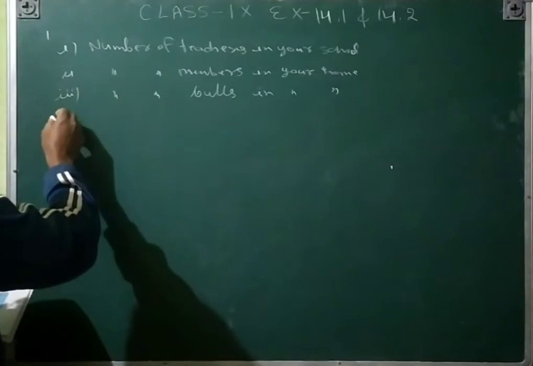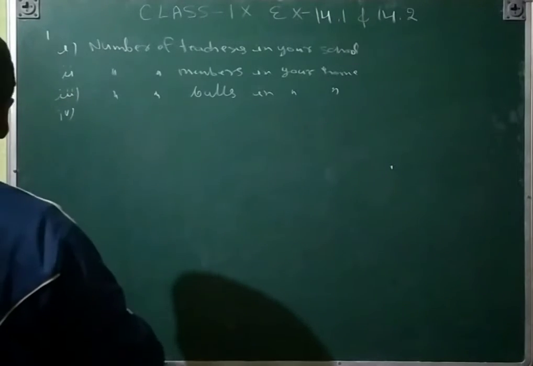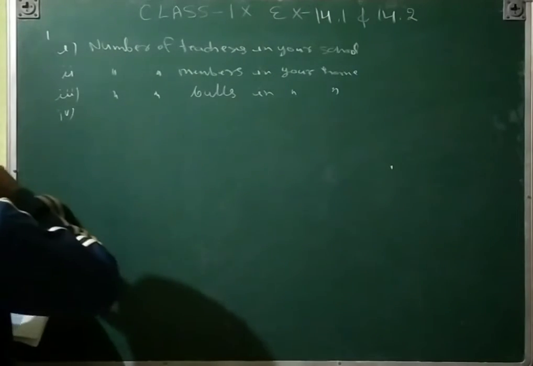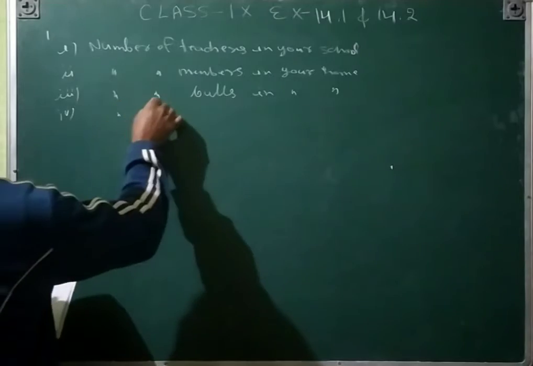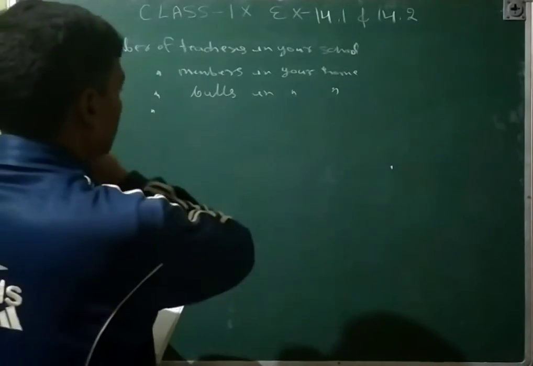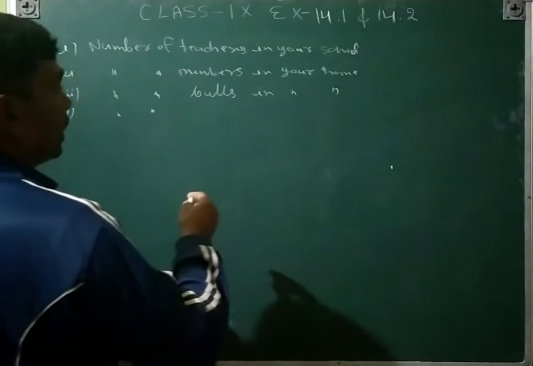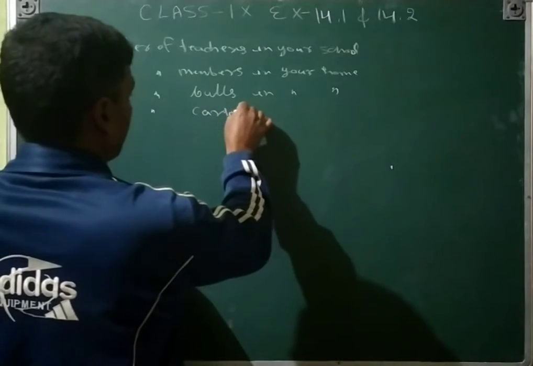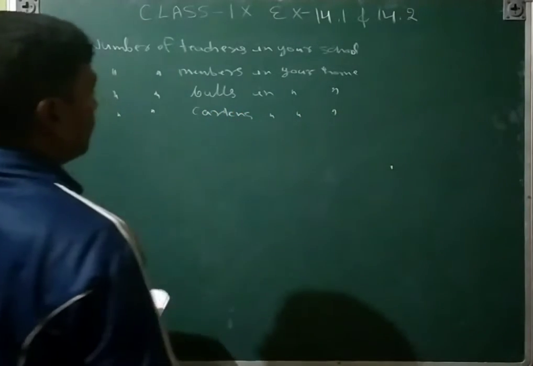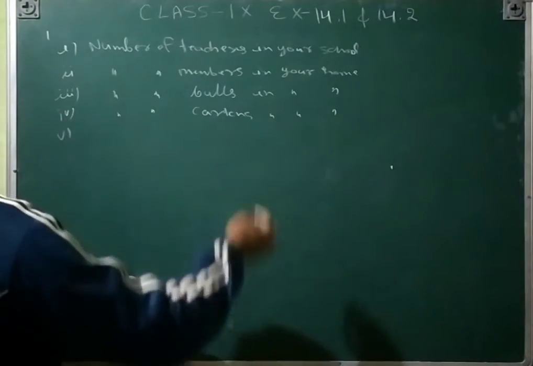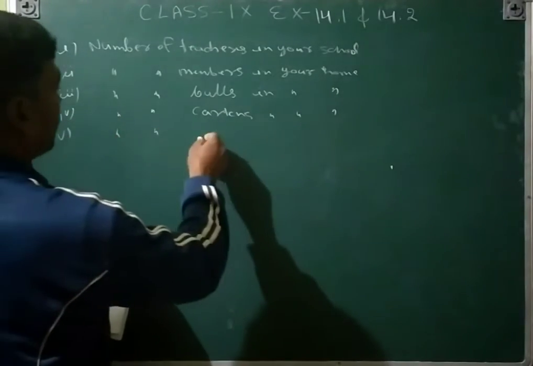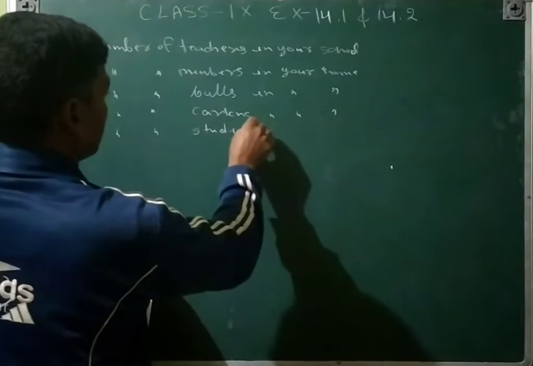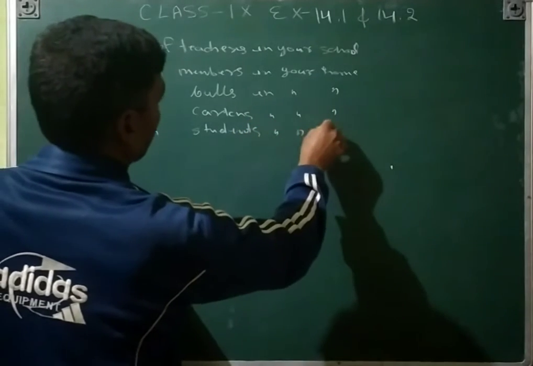The fourth can be the number of curtains in your home. The fifth, we can take from another school: the number of students in your school.